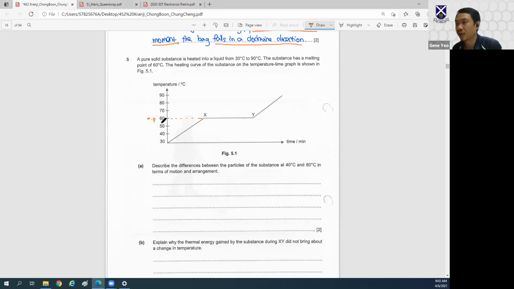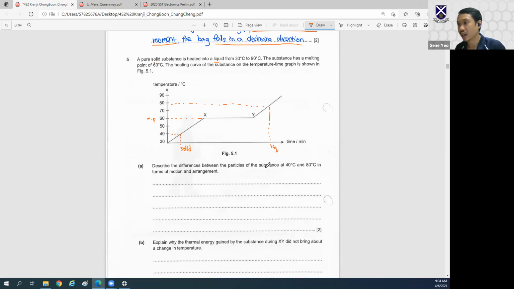It is from a solid to a liquid. So I know this starts off as a solid over here and ends up as a liquid over here, okay? Describe the differences between the particles at 40 degrees over here and at 80 degrees over here.